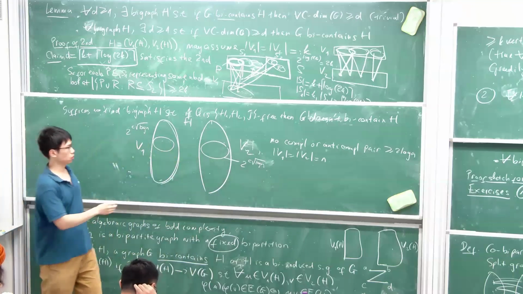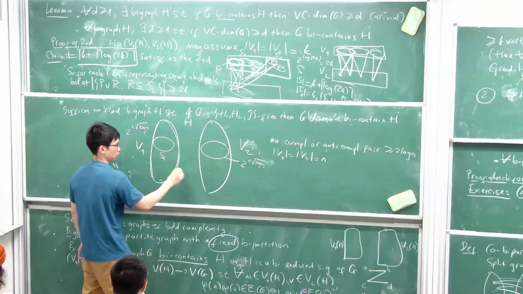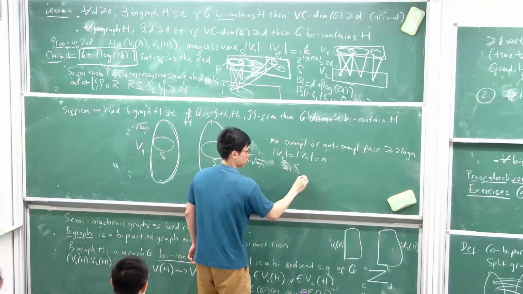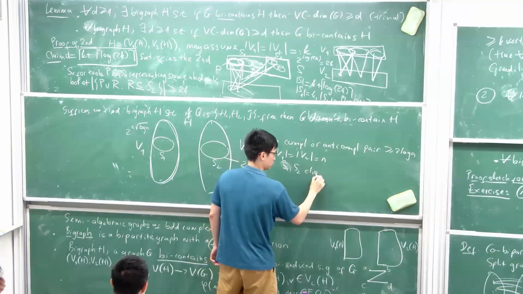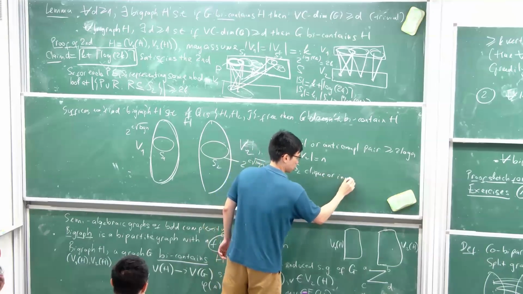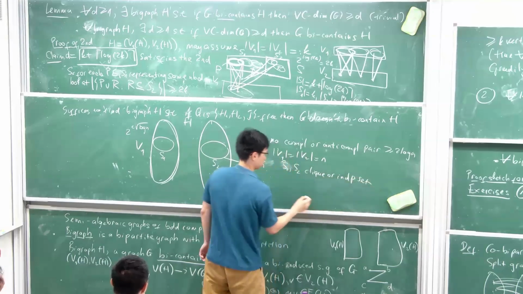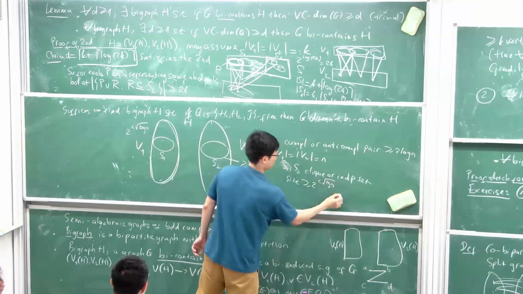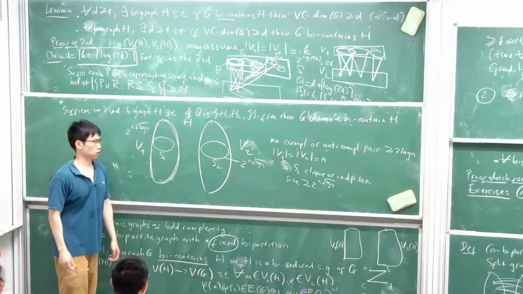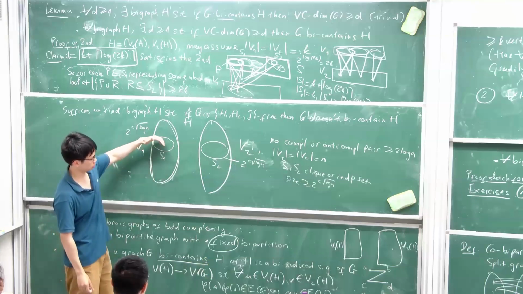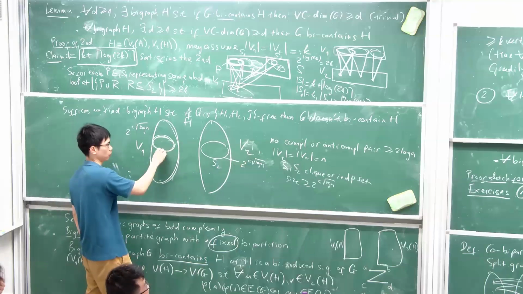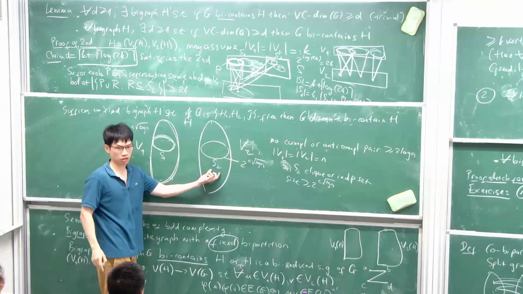Let's call these S1 and S2, each a clique or independent set of size 2 to the c root log n. Now, to make it a bit more complicated, let's assume that S1 is a clique and S2 is an independent set.